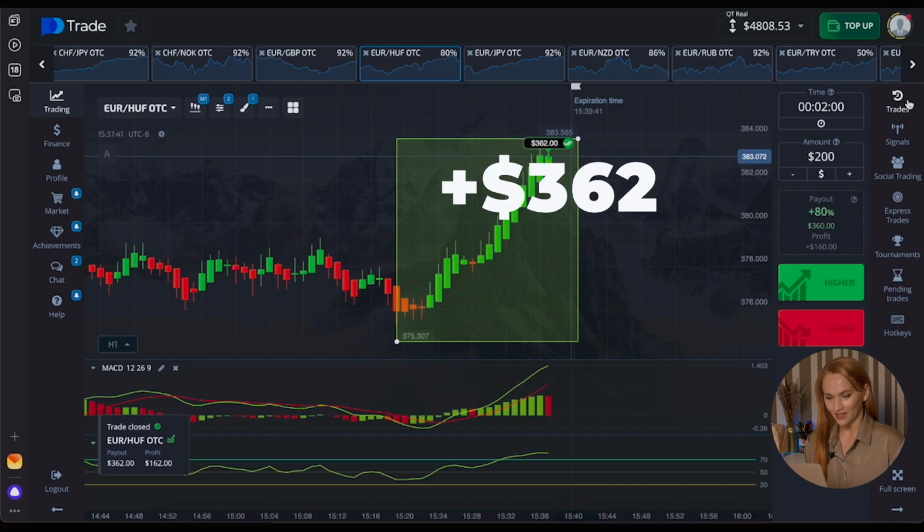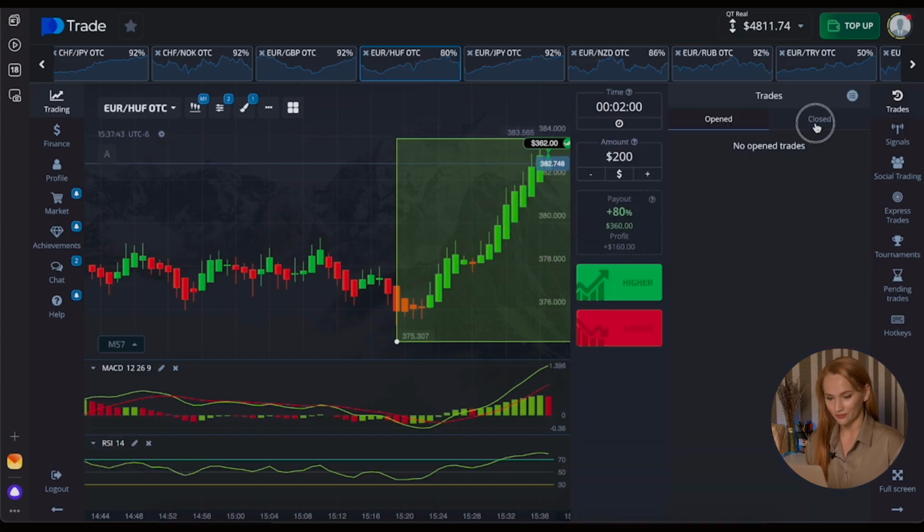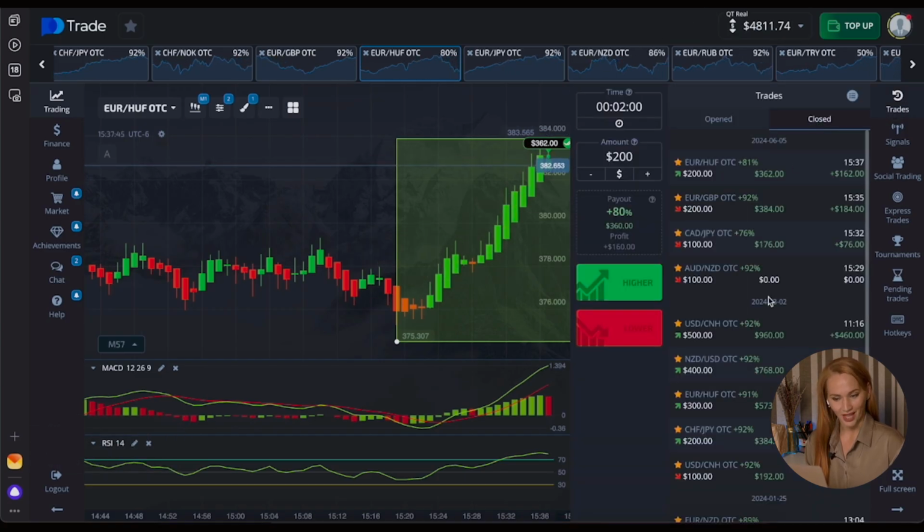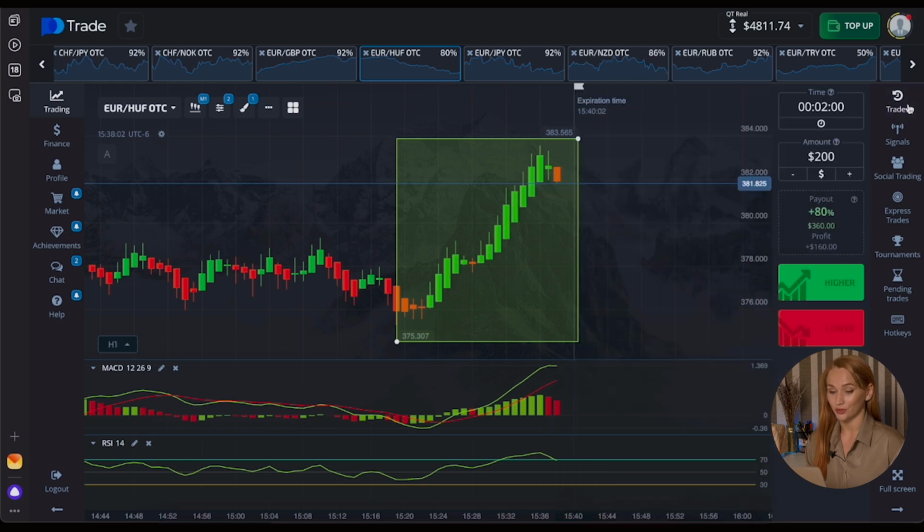Great, the deal has made a profit. So, out of 4 deals, 3 are in surplus. We have made quite a big profit, some $322. All this due to the technical and fundamental analysis.